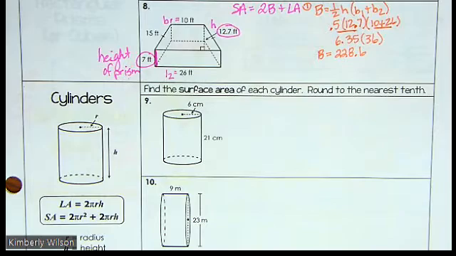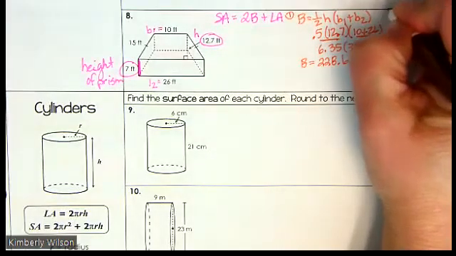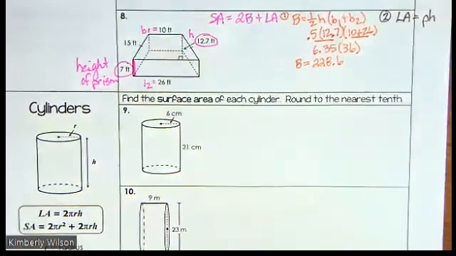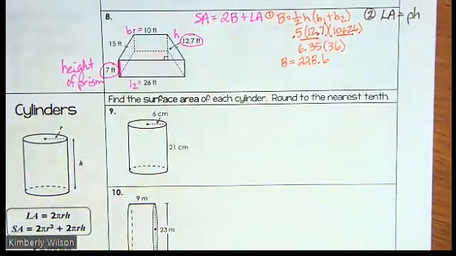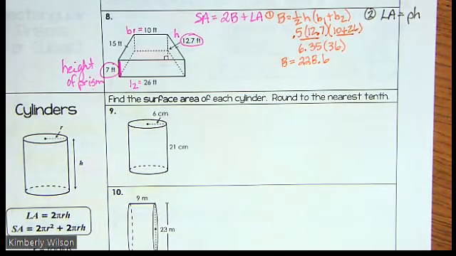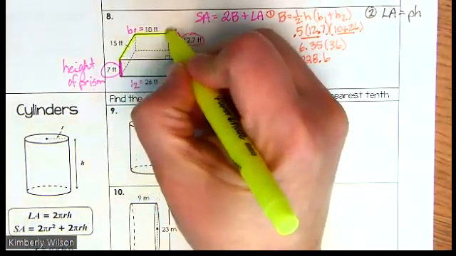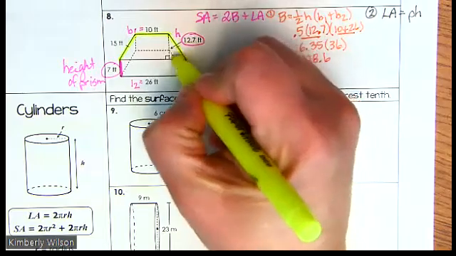Now we're moving on to step 2, which is the lateral area. And remember, that's capital P times H. So I've got to find the perimeter of the trapezoid. There are 4 sides on the trapezoid. So that means I am going all the way around the trapezoid.